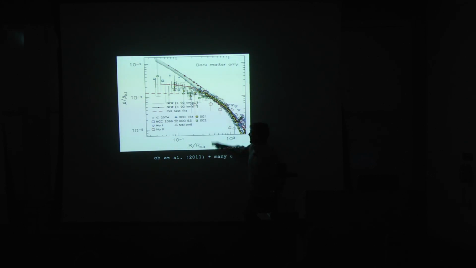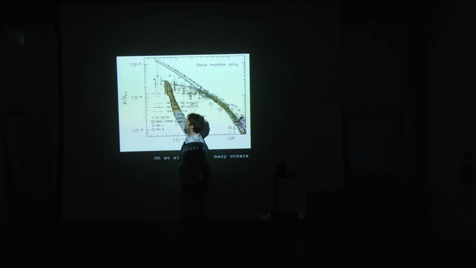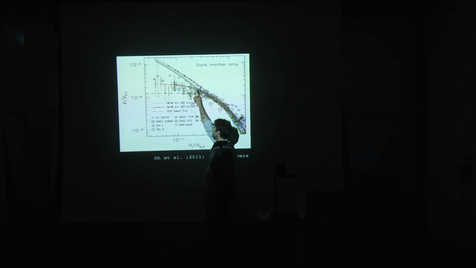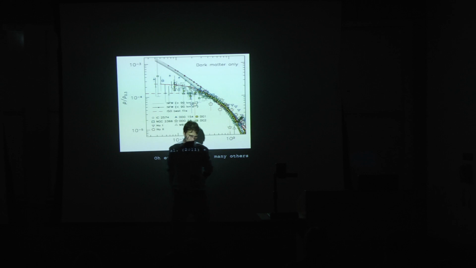When you do that, you can construct an empirical density profile, and by and large, these do not show this divergent behavior toward the center, which is represented by the gray plots here, but the data are showing turnovers to approximately uniform density cores, and this leads to what is typically called the core-cusp problem.